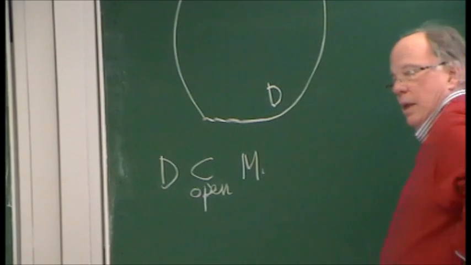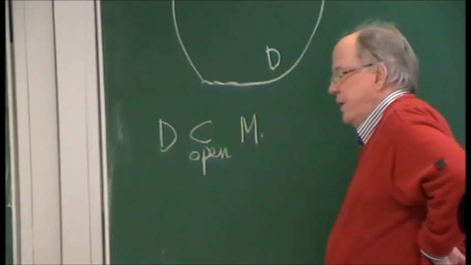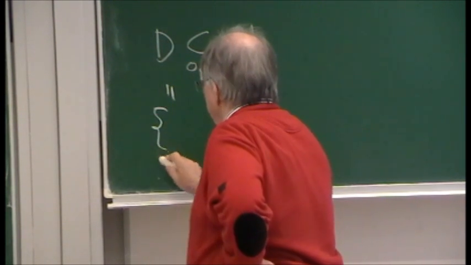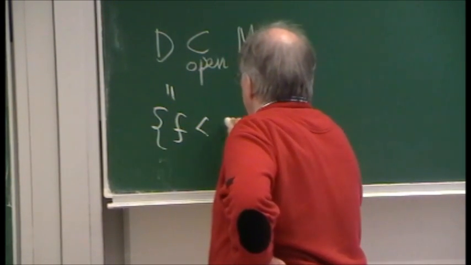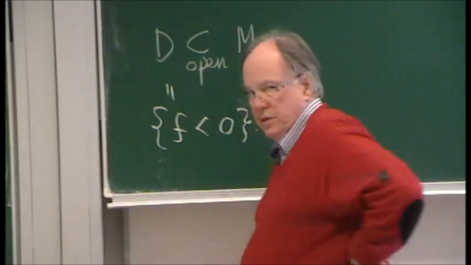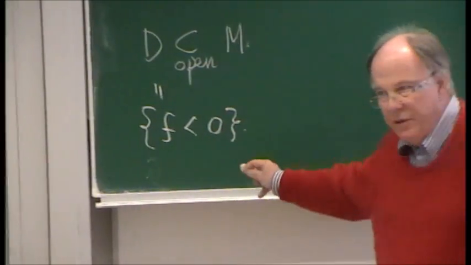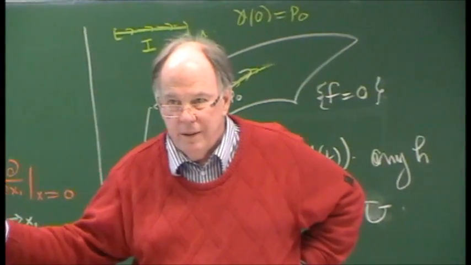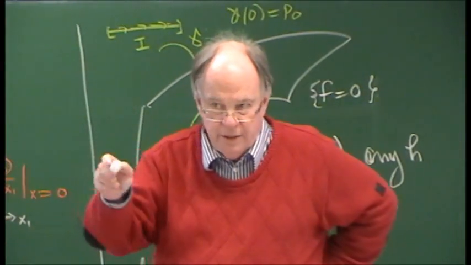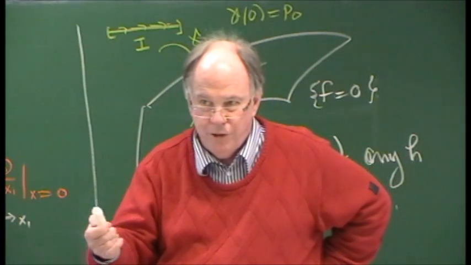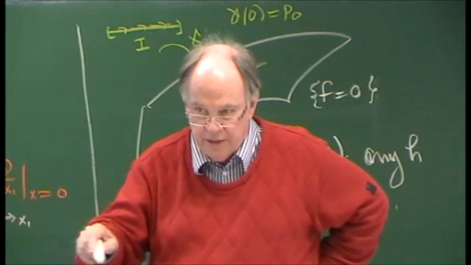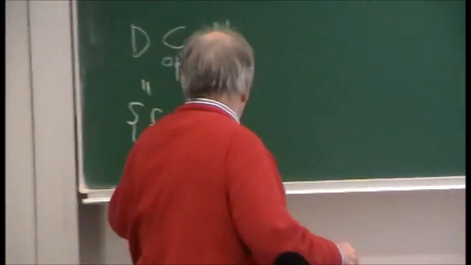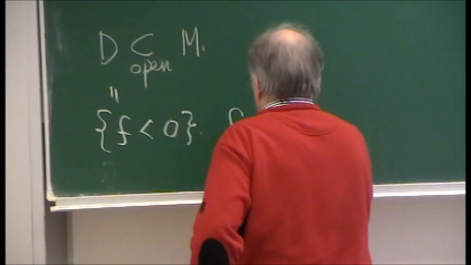And we have reasonable domains which are defined by smooth functions, being a set of points where a smooth function is less than 0. Zero, I use 0 all the time, you notice. Less than some number, it doesn't matter. The inequality less matters. If I put greater, every sign will change. Okay, so I mean less than a number. So quite often you will have domains that are defined this way by a smooth function on the manifold.